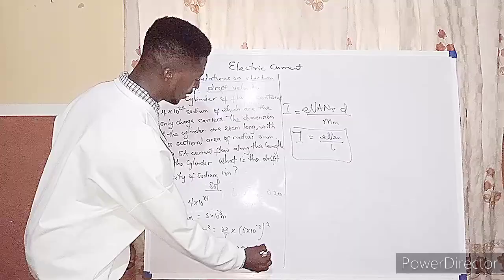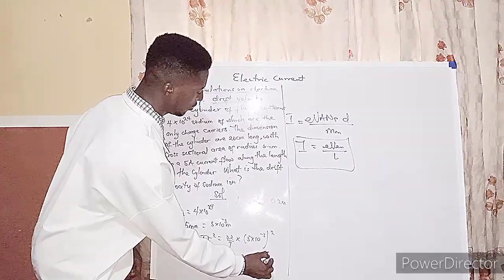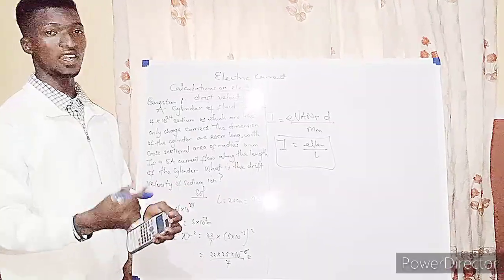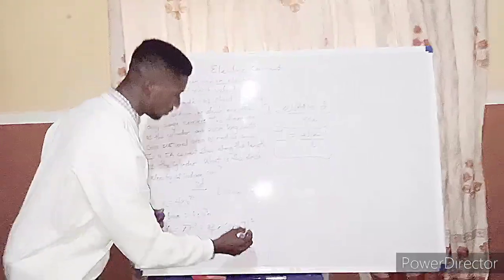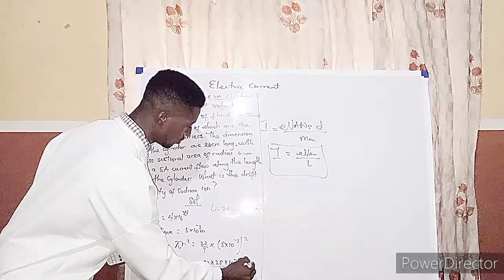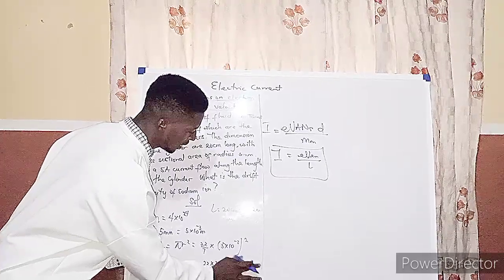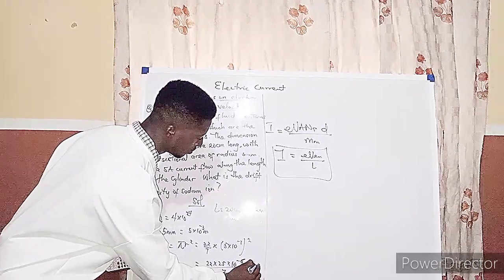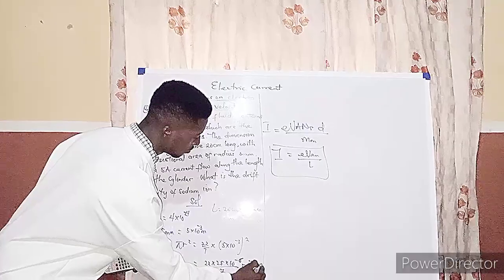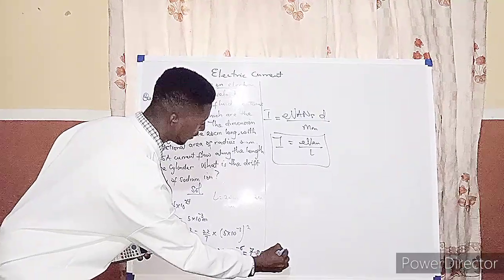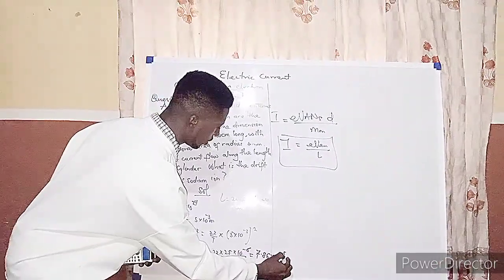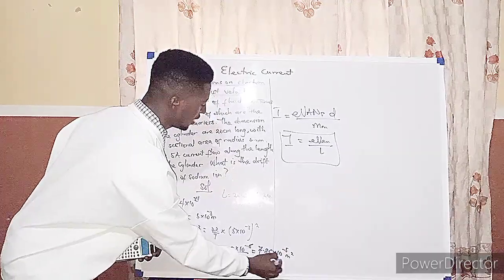So what do we calculate as our area? Using our calculator, we get 7.86 times 10 raised to the power minus 5. That is in meter squared, which is your unit.